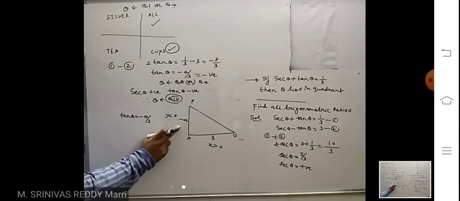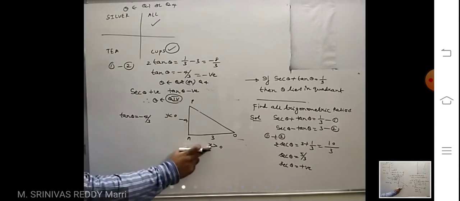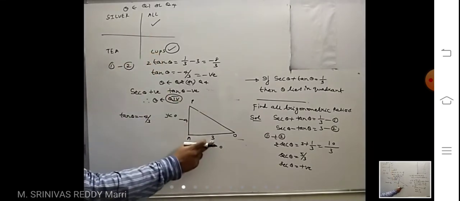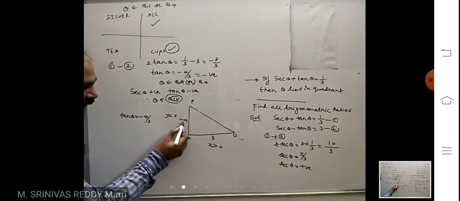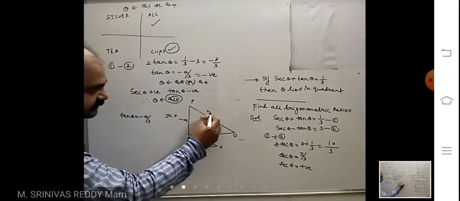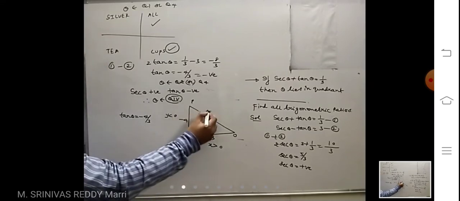I have told you, in the fourth quadrant, x is positive, y is negative. So here you write 3, here minus 4. The hypotenuse is root of 16 plus 9, which you always write positive only. So this is 5.